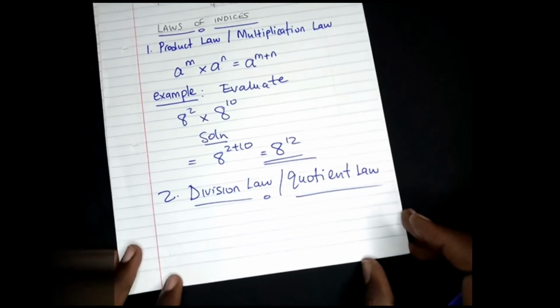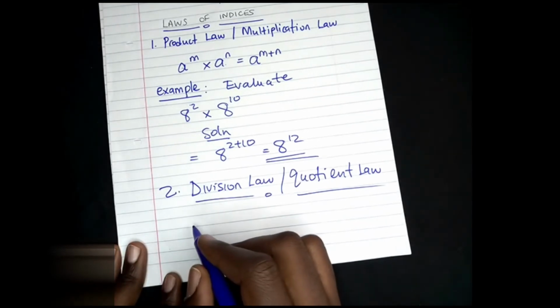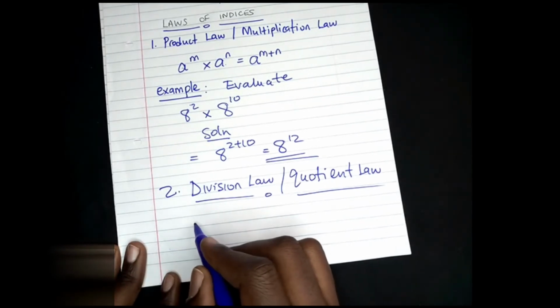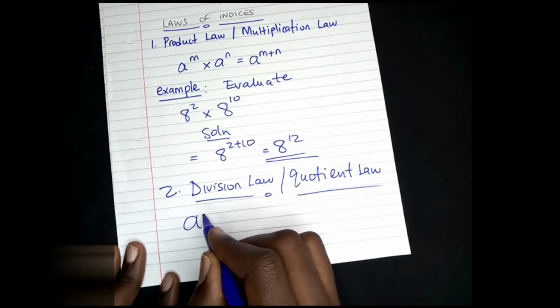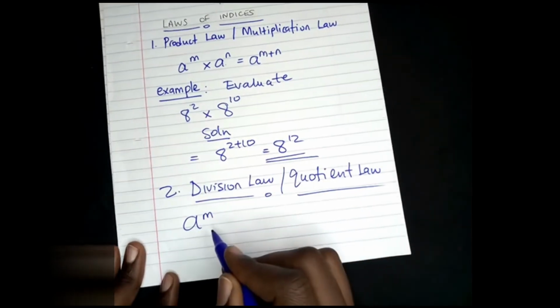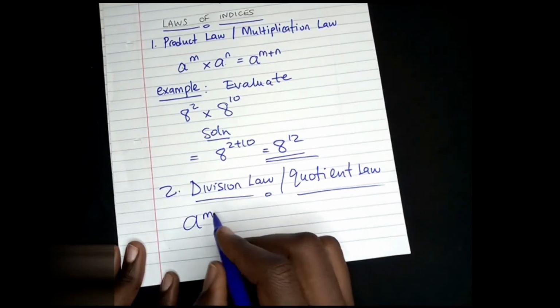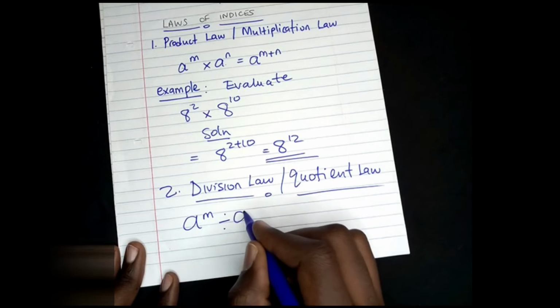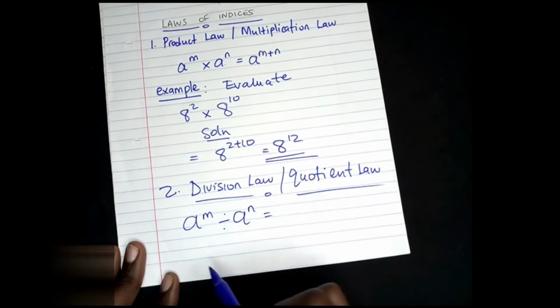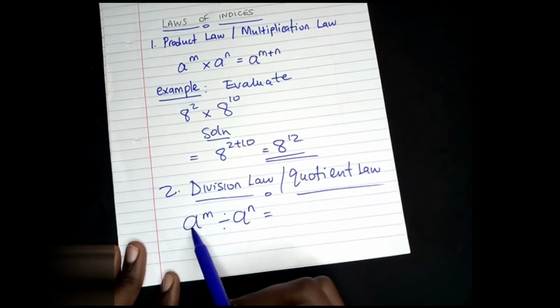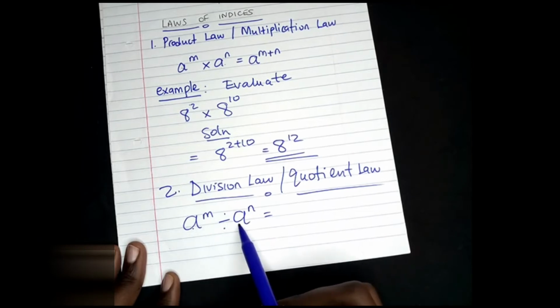What do you mean? Let us look at this example. If we have a number, say a to power m divided by a to power n, as you can see, the base is the same.